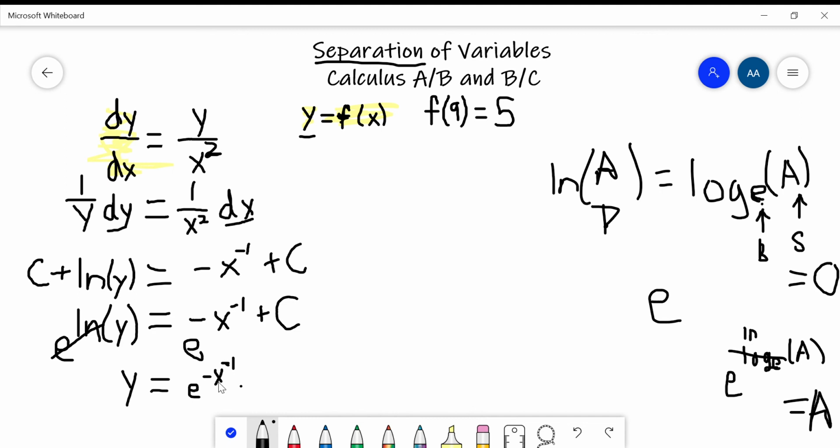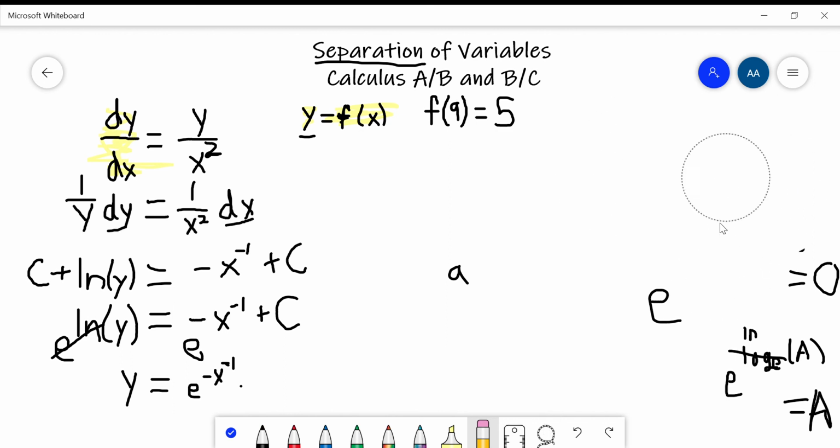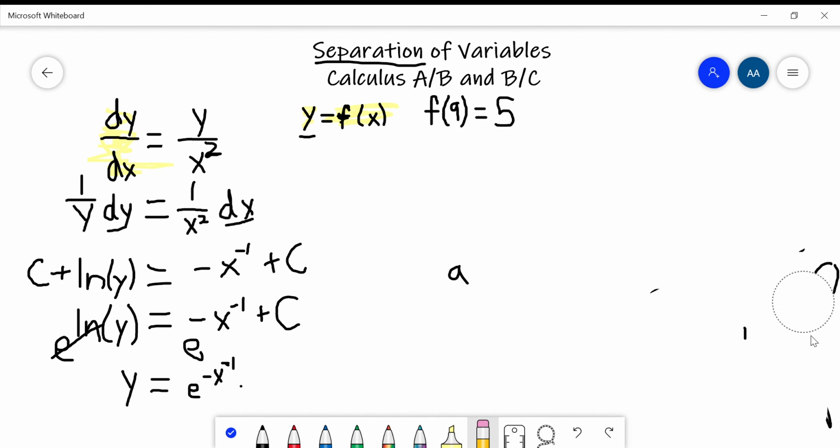You could write this as negative 1 over x if you want, but I'm just going to leave it like this.